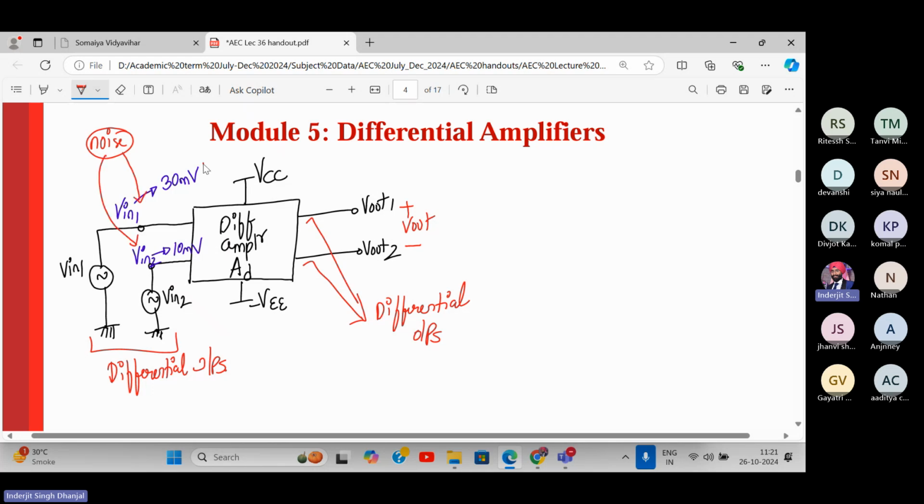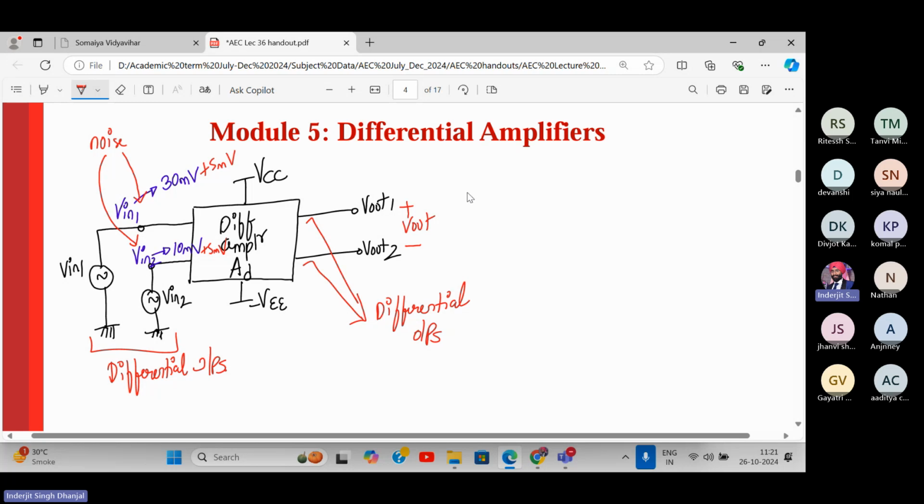This noise signal will contribute, let's say, plus 5 millivolt to both of them. So 30 millivolt becomes 35 and 10 millivolt becomes 15. That's the effect of external noise. Sometimes we have internal noise also, so let me generalize it as noise signal. The sources of noise can be different, which we'll talk about in a minute.